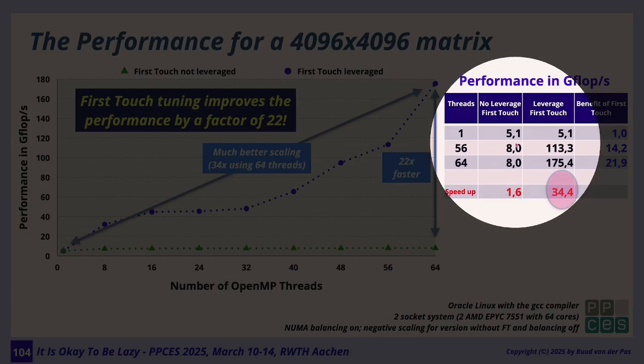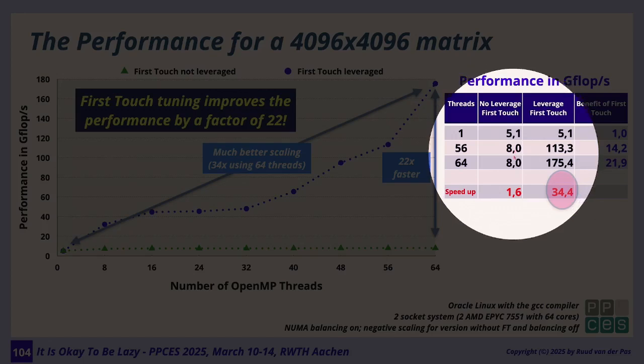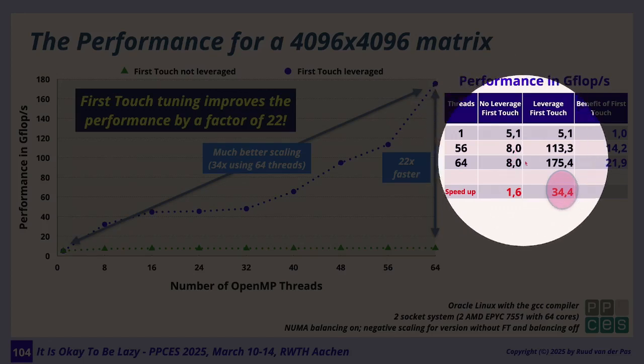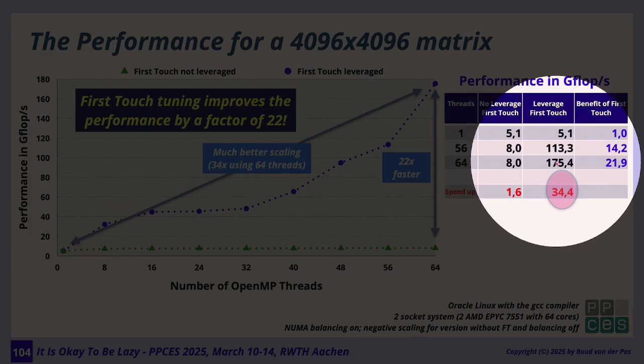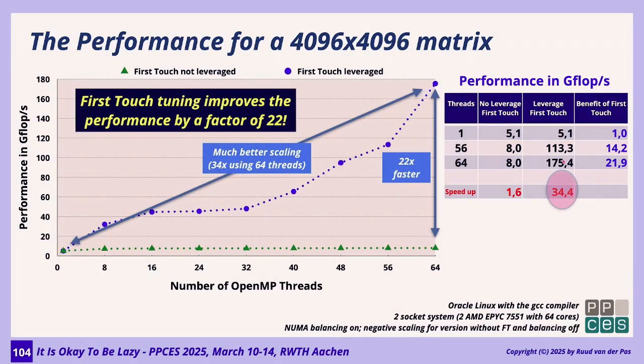When I have my basic algorithm, I don't get more than 8 gigaflops, and with first touch, I get 113. And that flattens, as we saw. So 64, I can still get 8 without first touch, and then I go up to 175. So that gives me a factor of 22, roughly, and more than 30x overall improvement.